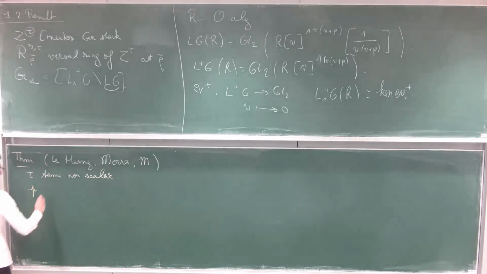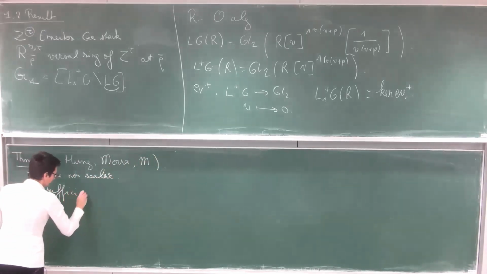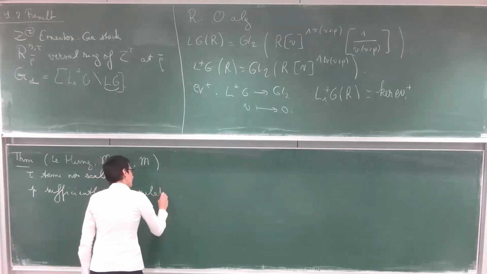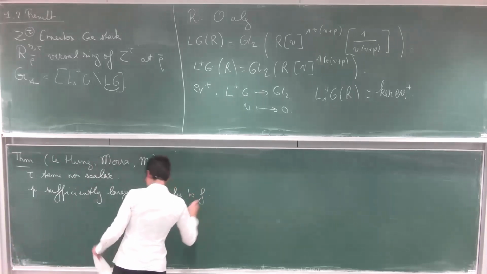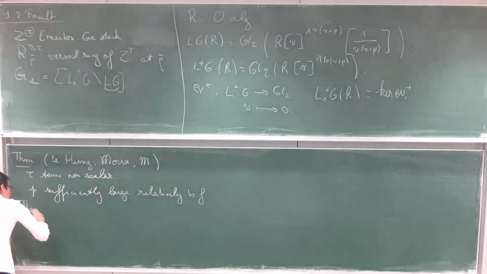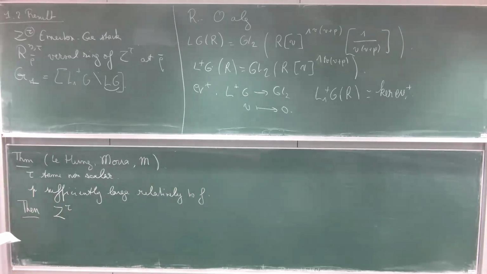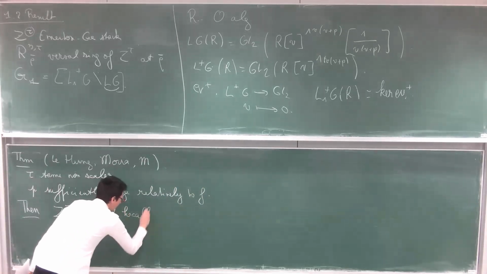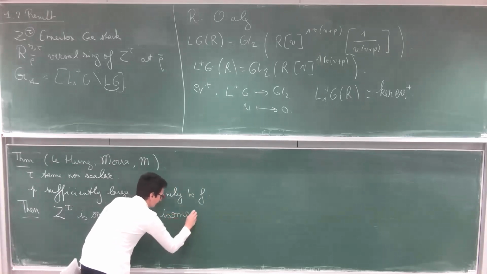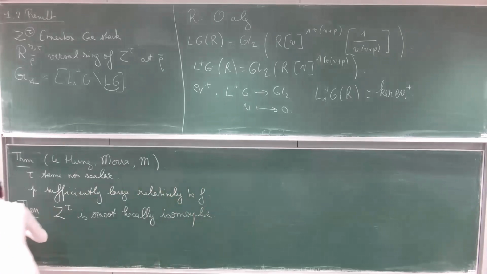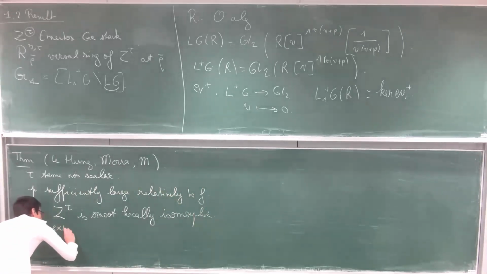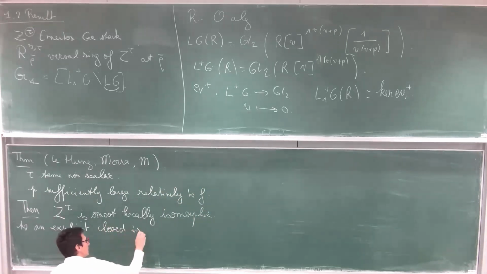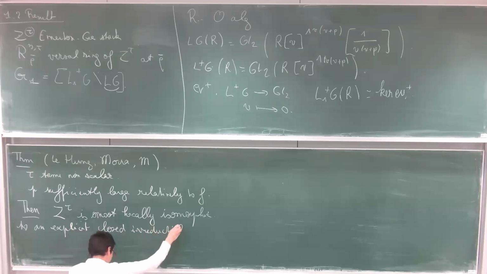We assume that p is sufficiently large relatively to F. Then the Emerton-Gee stack is smooth locally isomorphic to an explicit closed irreducible subvariety.